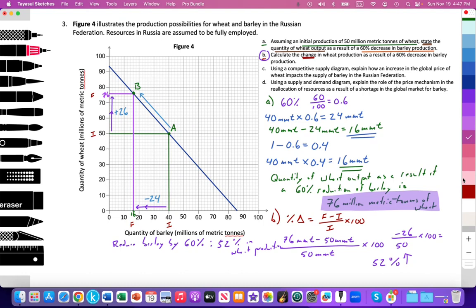Okay, so to increase wheat production by 52%, the opportunity cost is a 60% reduction in barley production. I can also think of that as a ratio. We're gaining 26 million metric tons of wheat at the cost of losing 24 million metric tons of barley.